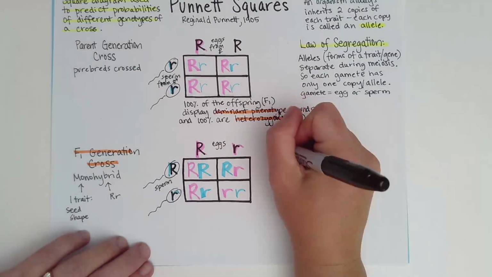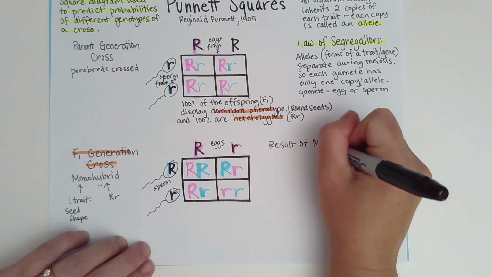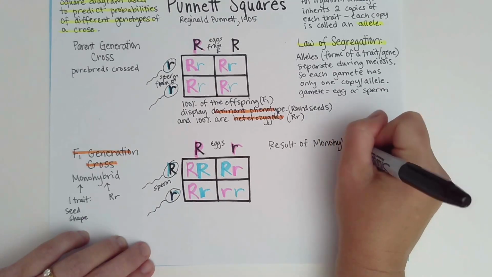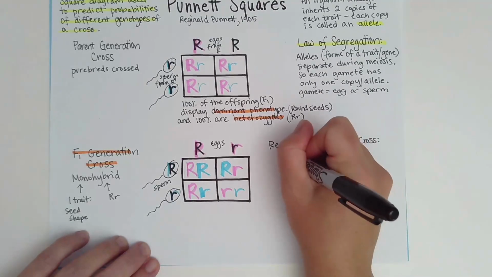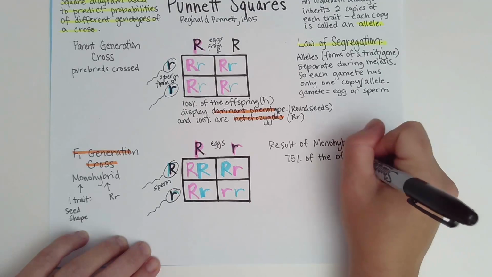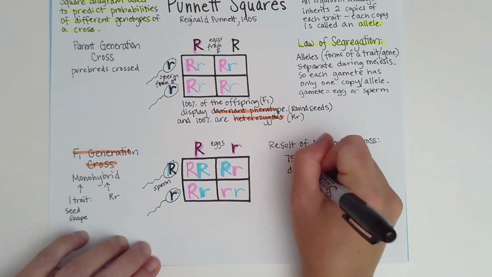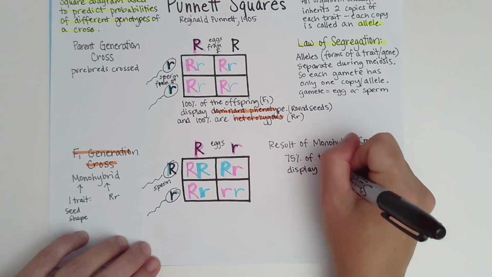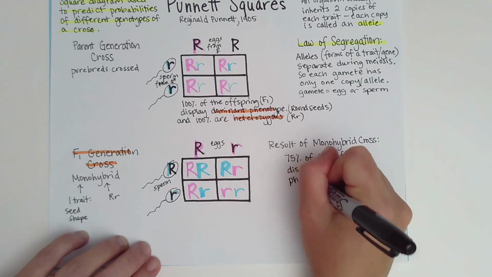So the results of this monohybrid cross is that 75% of the offspring are going to display the dominant phenotype, and that will be round seeds.